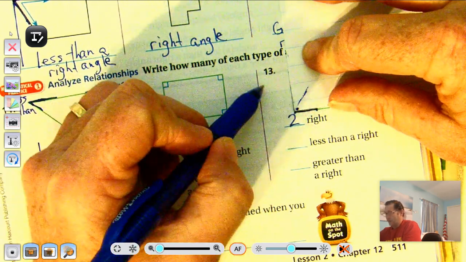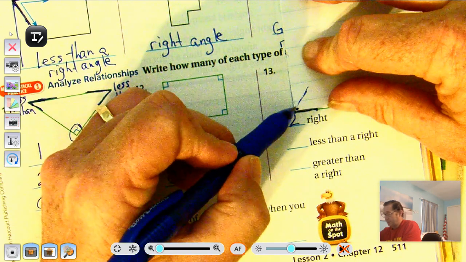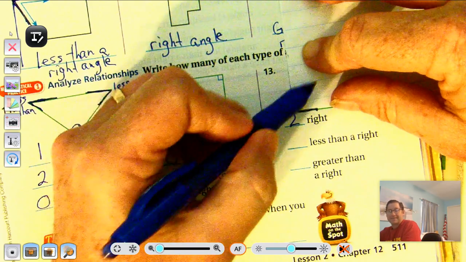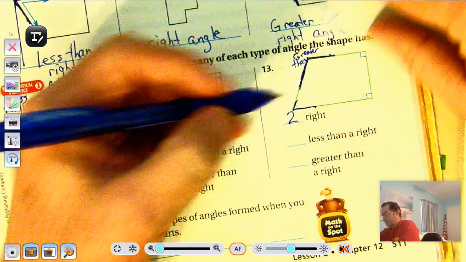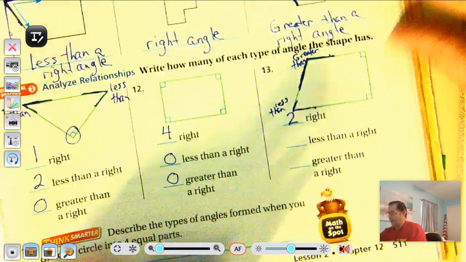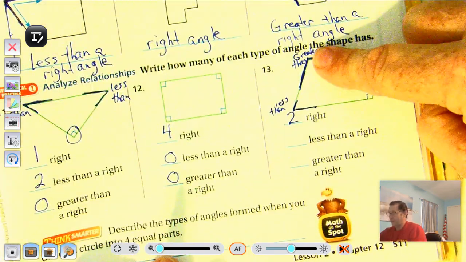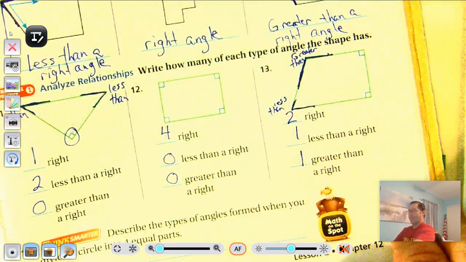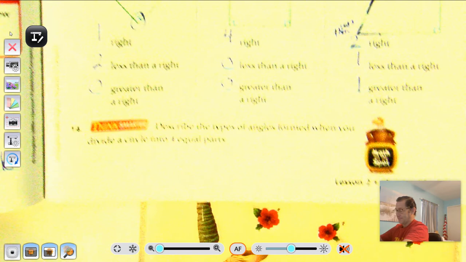So it would either be going off the paper, right along the edge. If it's less than a right angle, I won't be able to see the other angle. So this one's less. So we have 2 right angles. We have a greater than right angle and a less than. So 1 and 1.